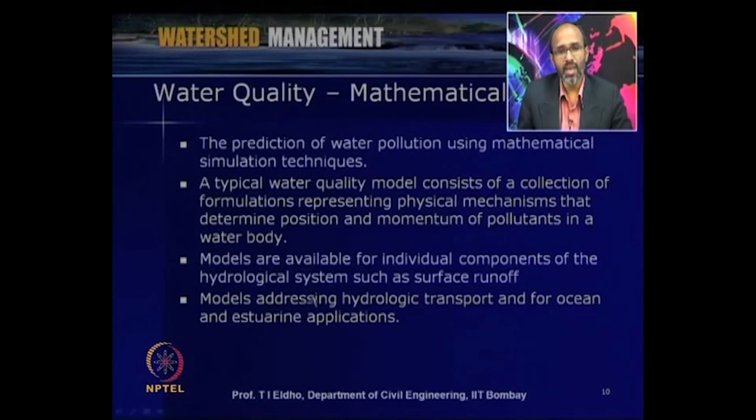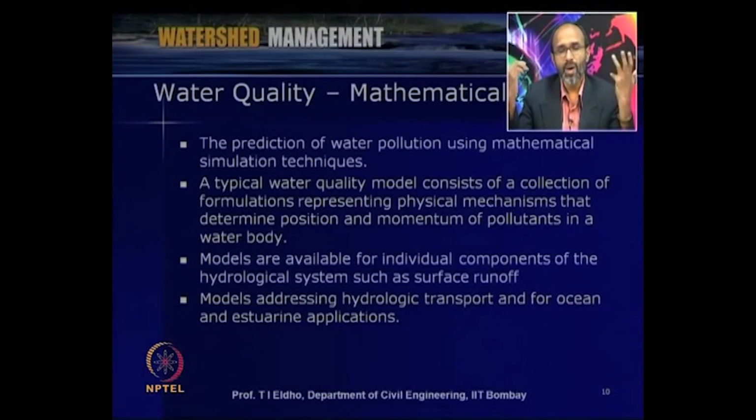This type of model addresses hydrological transport and ocean and estuarine applications. Transport can be within the surface water environment, like a lake, river, pond or ocean, and also within the groundwater systems. So that way it is also possible.